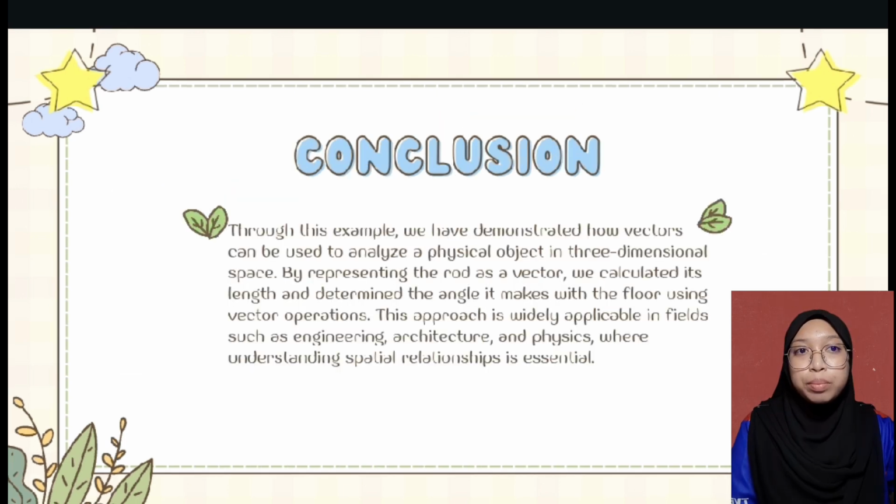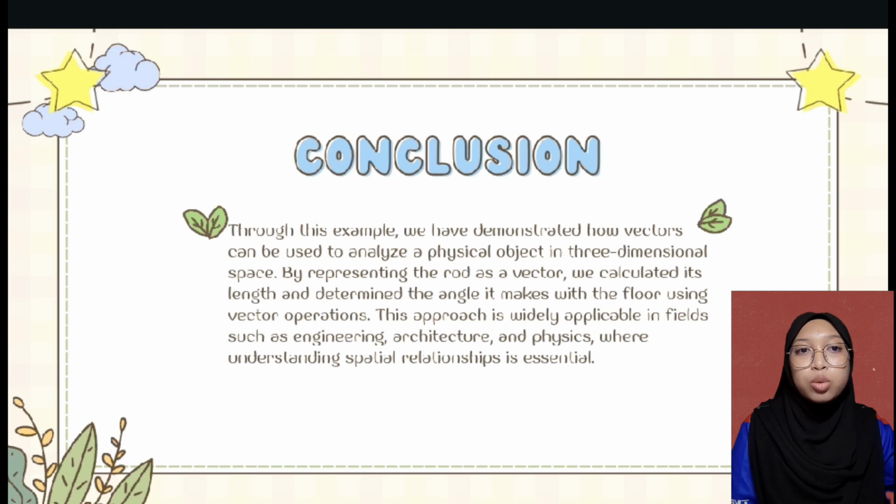In this example, we have demonstrated how vectors can be used to analyze a physical object in three-dimensional space. By representing the rod as a vector, we calculated its length and determined the angle it makes with the floor using vector operations.